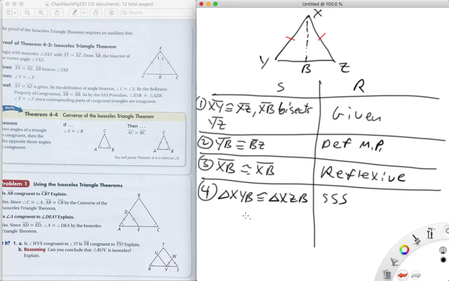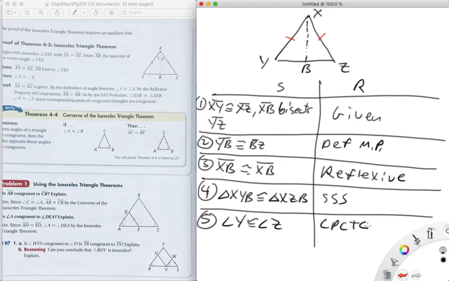Lastly, corresponding parts of congruent triangles are congruent, so angle Y is congruent to angle Z. CPCTC. That is the proof of the isosceles triangle theorem.